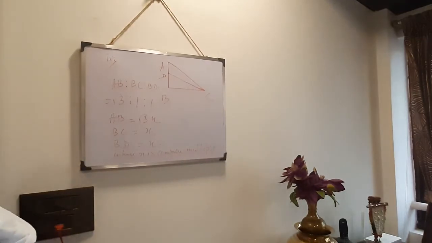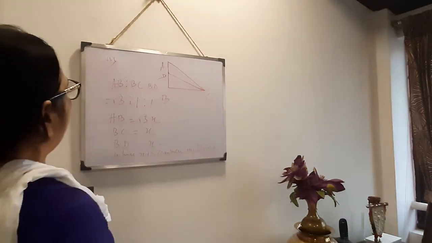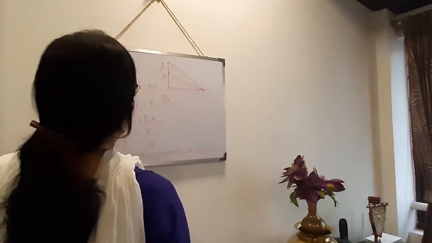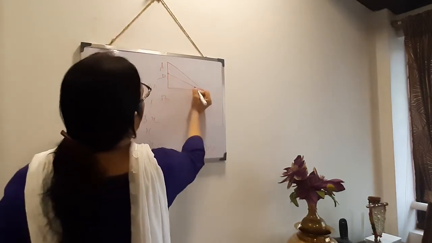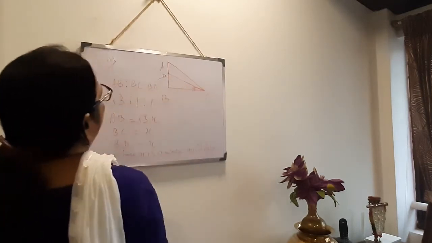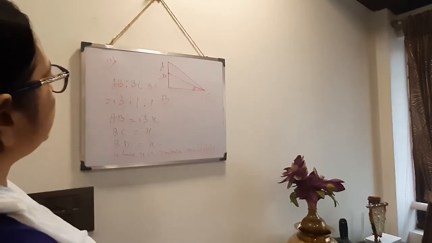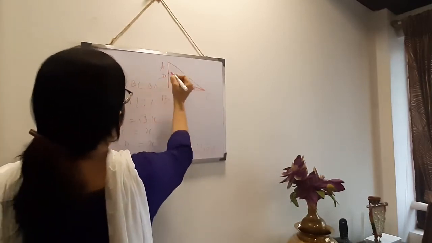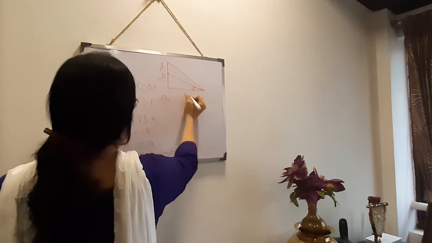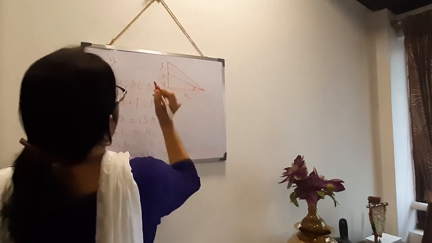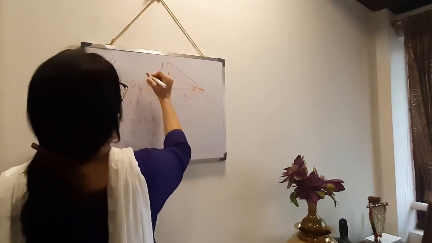Clear? Now first I will calculate angle DCB. Here BC is x and BD also x and AB root over 3x.